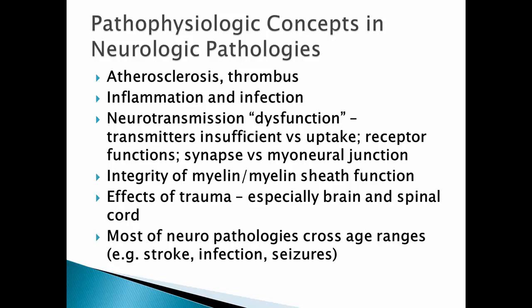Now remember our pathway. Glucose is needed to make ATP, and that's what we need for neuron transmission as well as conduction. If ATP is decreased, then conduction decreases. If that conduction decreases, we're going to see changes in speech, behavior, memory, judgment, even personality.